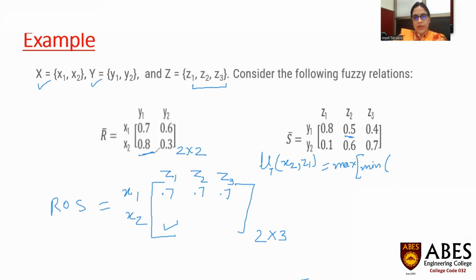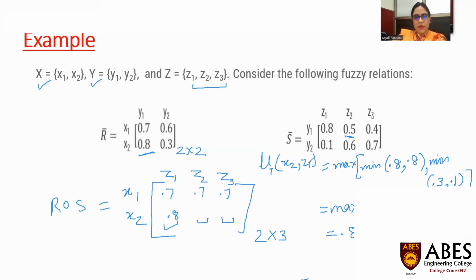You can see here. Then y1 to z1 is 0.8. Then again x2 to y2 is 0.3, and y2 to z1 is 0.1. The maximum value will be 0.8. So here 0.8 will be written. Similarly, you can calculate these values as well.